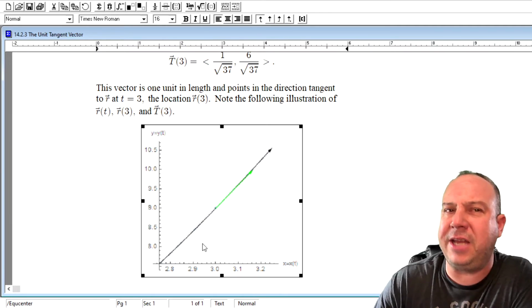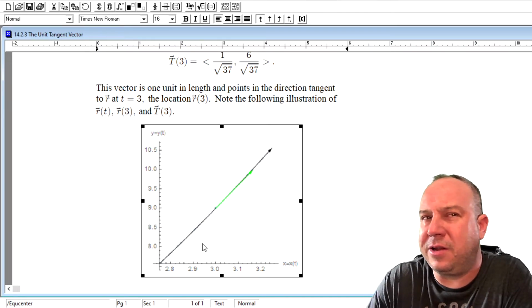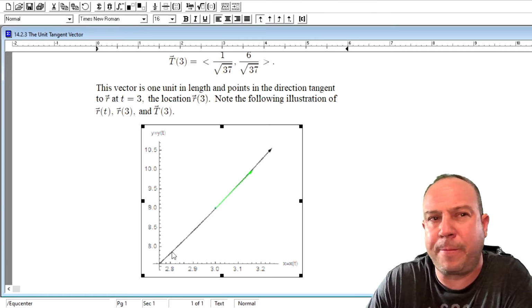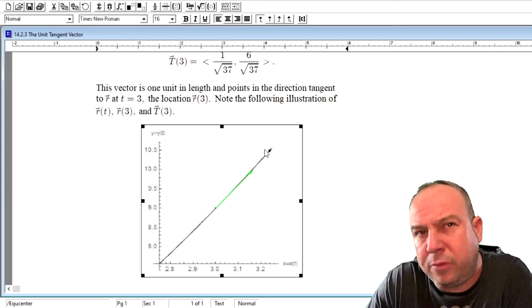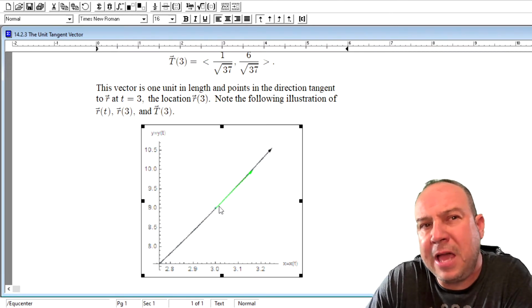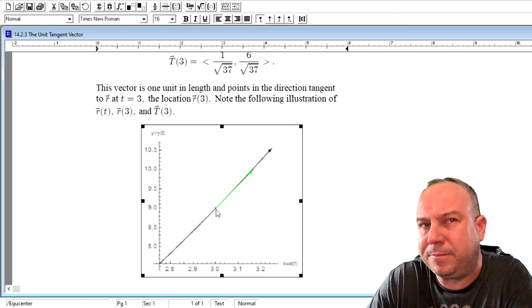Here's the direction it's moving. It is the black graph given here. That is the graph of r bar of t. And right at this point is where we're at when t equals 3. We would be at 3, 9 on that vector description of position.